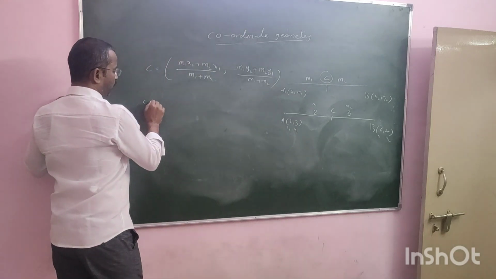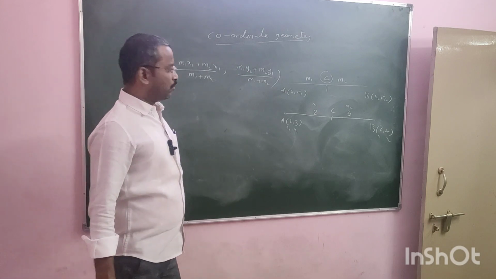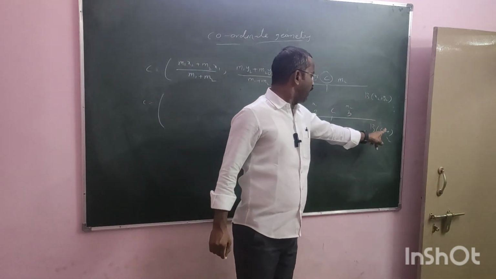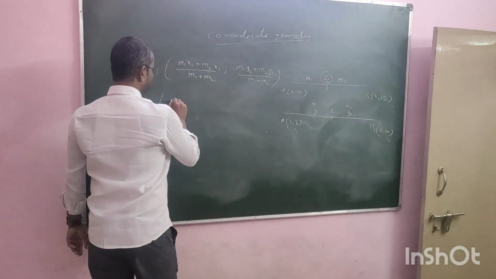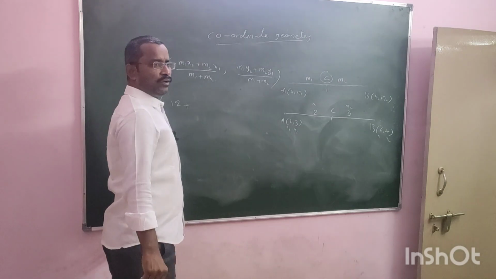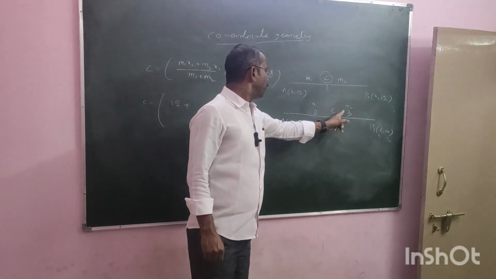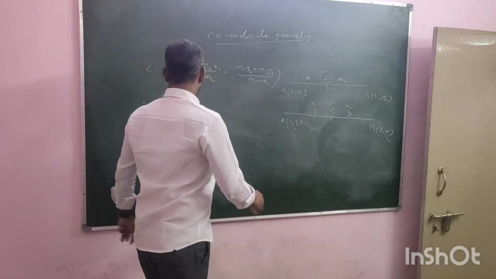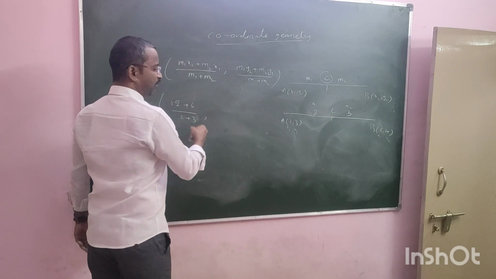Now C is equal to m1 x2, so 2 into 6. How much do you get? 12, plus m2 x1, this is 3 into 2, again 6, by m1 plus m2, so 2 plus 3.